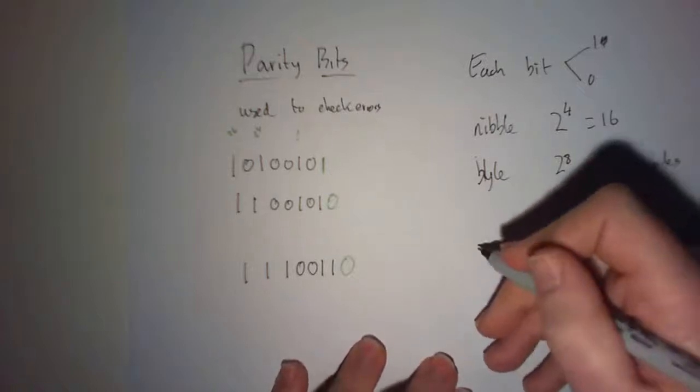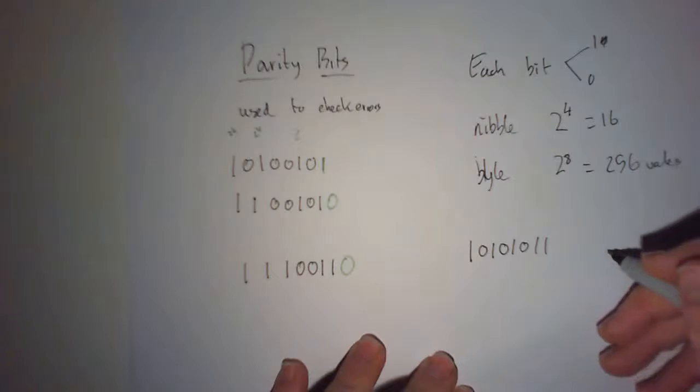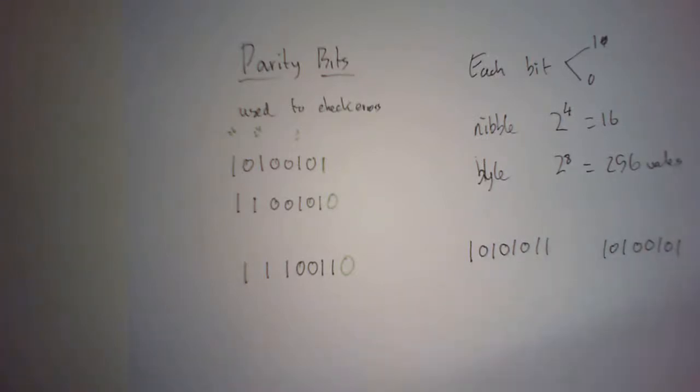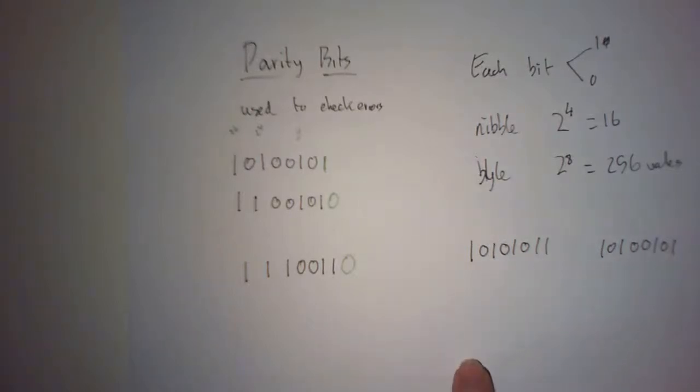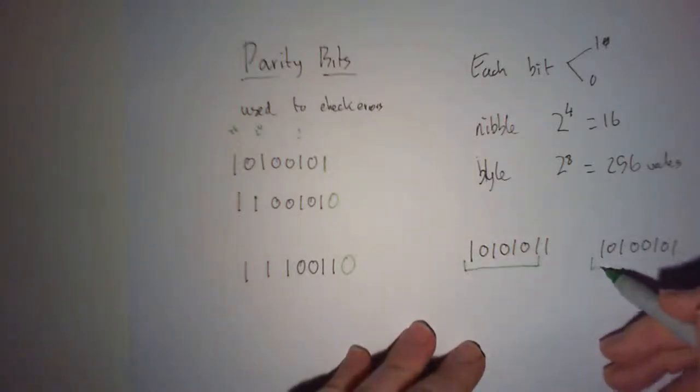And similarly, let me give you another example here. Let's say I have 3 sets of code. These are all 7 digits, and we are talking about 7-digit codes, not 8 digits.